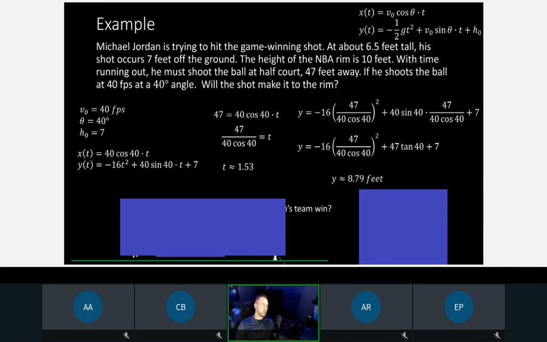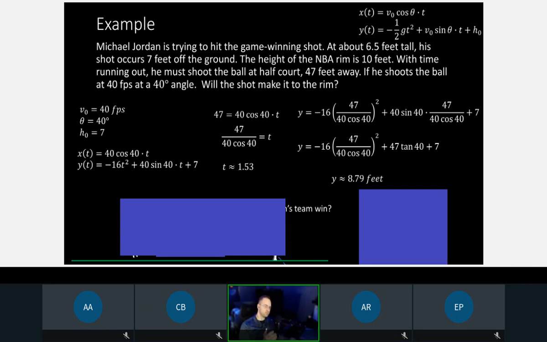Here's the reason why. Even though at 1.53 seconds it says the height is 8.79 feet, what if it actually got to the rim and went through, and that is the height of the ball right when it went through the rim or the hoop?